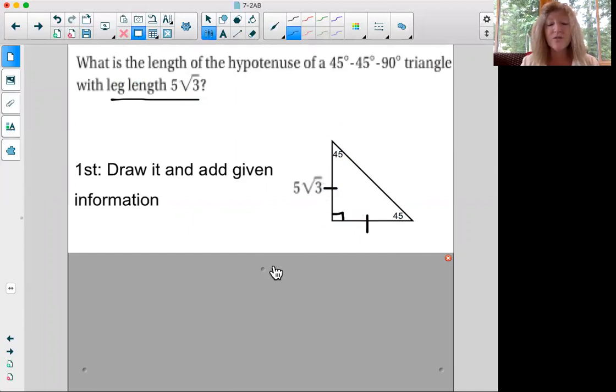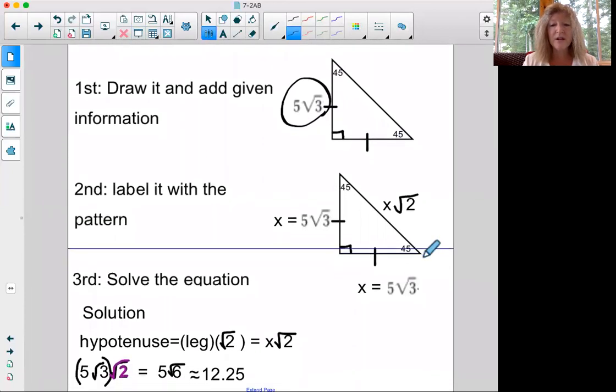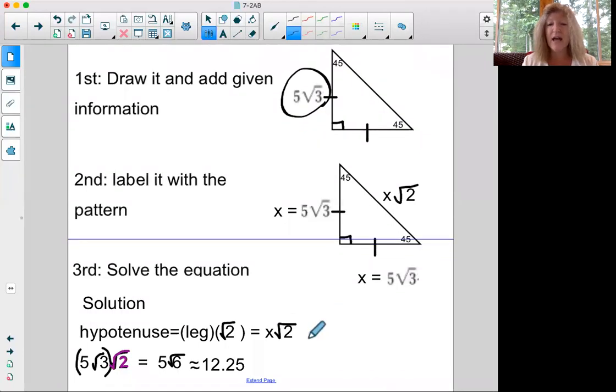And then in order to figure out how long the hypotenuse is, we take whatever the leg is and we multiply it by root 2. So we label with the pattern, and our hypotenuse will be whatever that leg is. In this case, the leg was 5 root 3 times root 2. And root 3 times root 2 is root 6, so our final answer is 5 root 6. Or if you do a decimal approximation, you'll get 12.25.